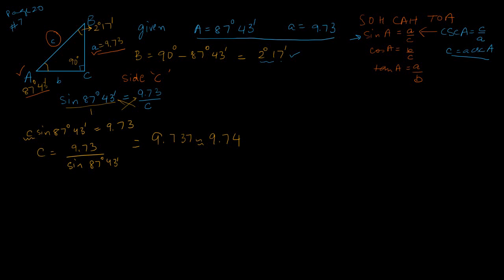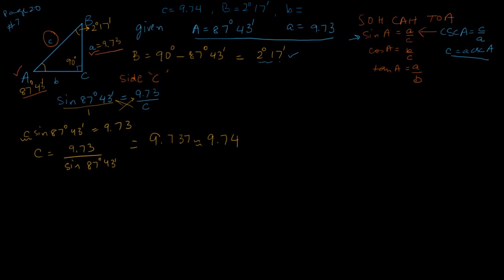So what else have we found? We found C equals 9.74. We already found B equals 2 degrees 17 minutes. And now all we are left to find is side B. Now for side B, which side is given to us?